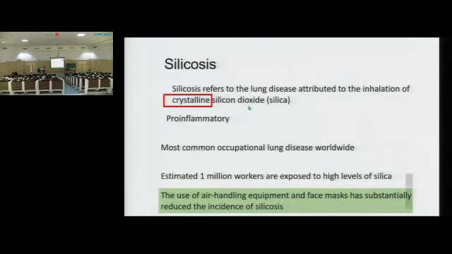And silicosis is the most common occupational lung disease worldwide. About 1 million workers are exposed to high levels of silica every year. The use of air handling equipment and face masks has substantially reduced the incidence of silicosis worldwide.